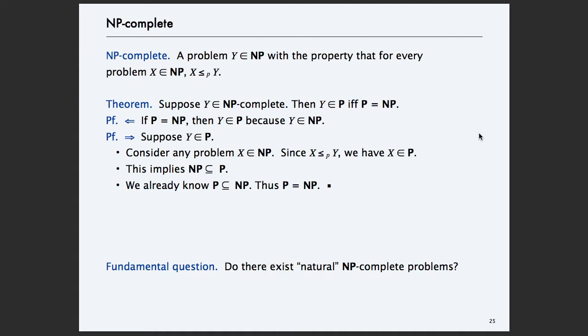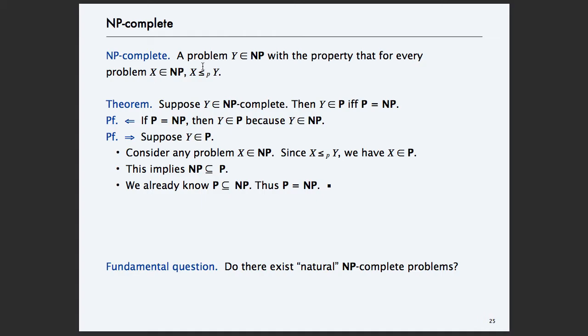Now, cool thing, the NP complete class of problems is a problem Y which is in NP, and you have the property that for every problem X in NP, X reduces to Y. What does it mean?